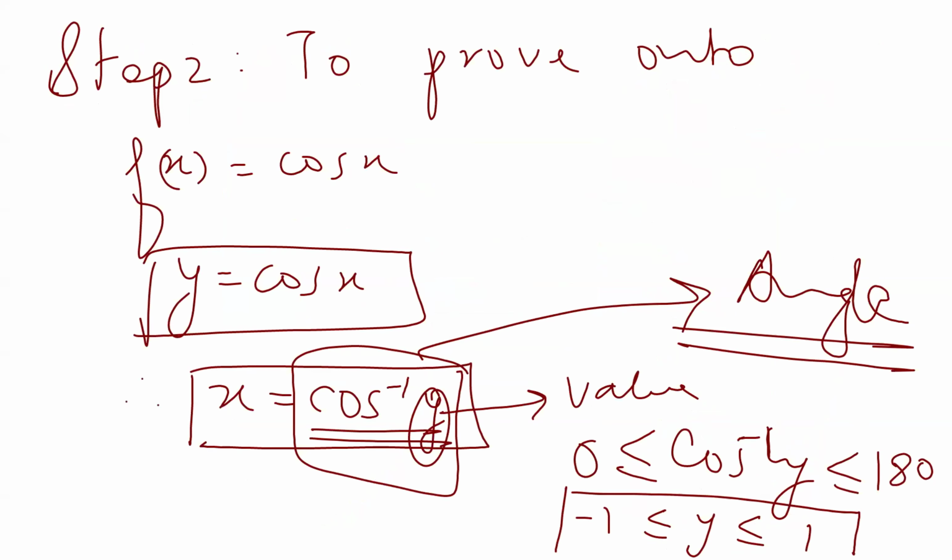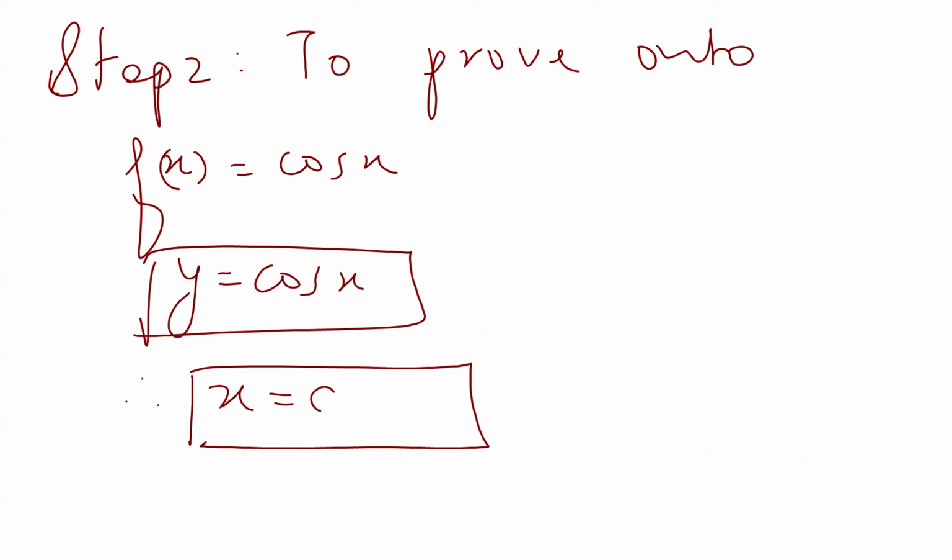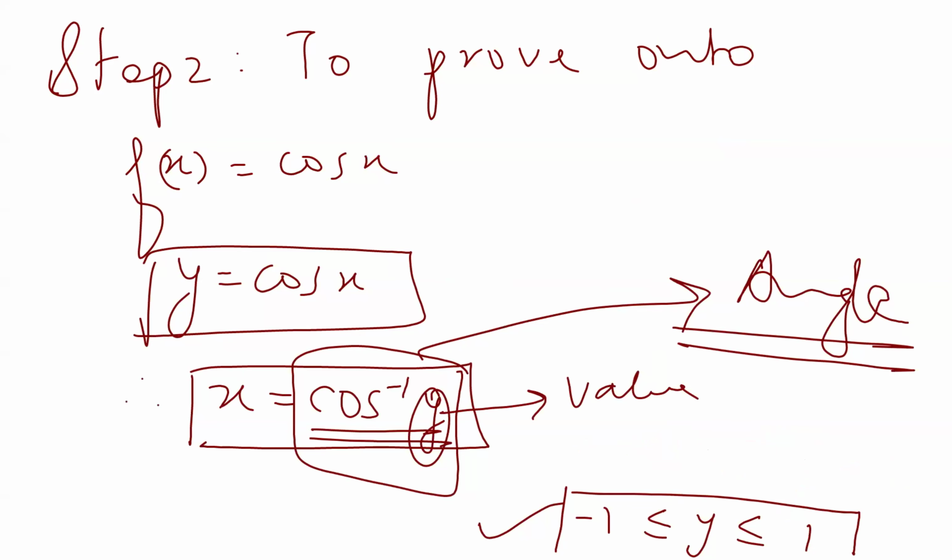Now I'll just give a short note over here. You may write it down. Once you write x is equal to cos inverse y, write down: y lies between -1 to 1. There will be pre-images only for y lying between -1 to 1.